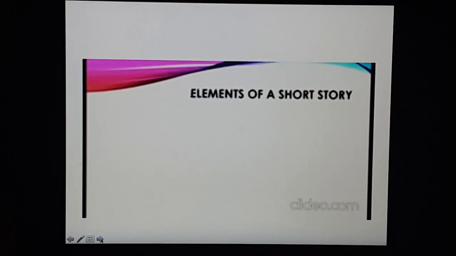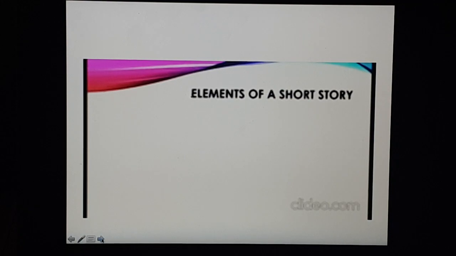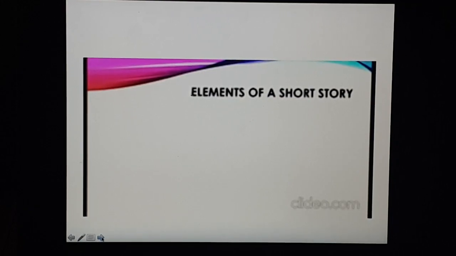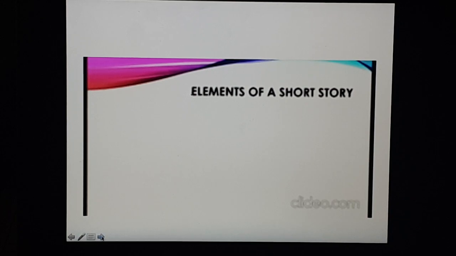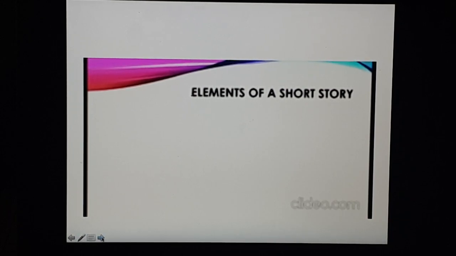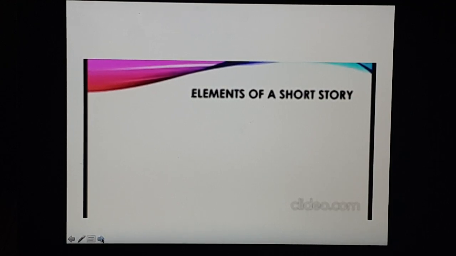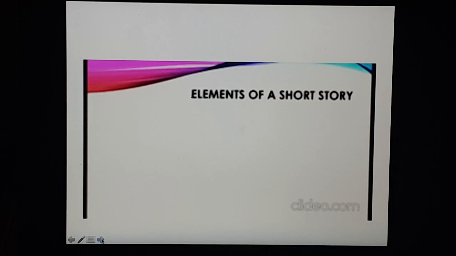Now first, as I told you in the earlier video also, there are certain elements of a short story. So what are those elements? These are the elements on which a story is based, into which a story is woven.